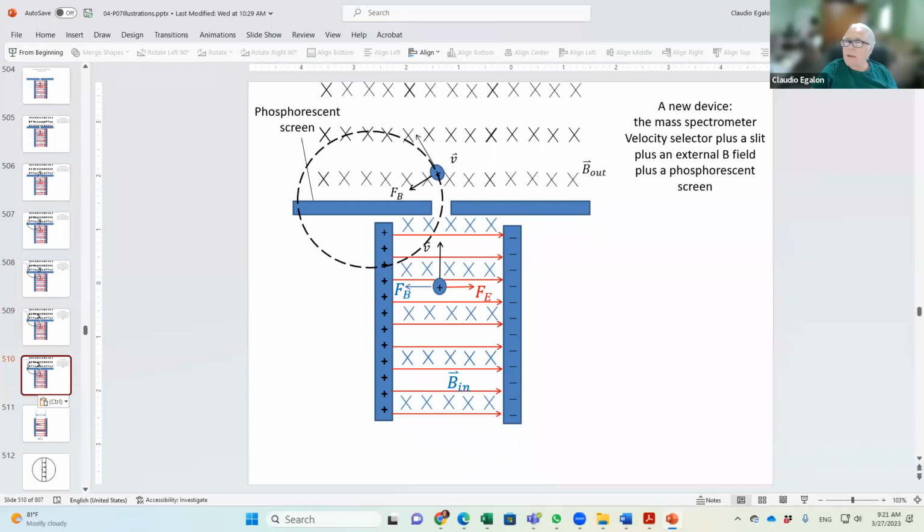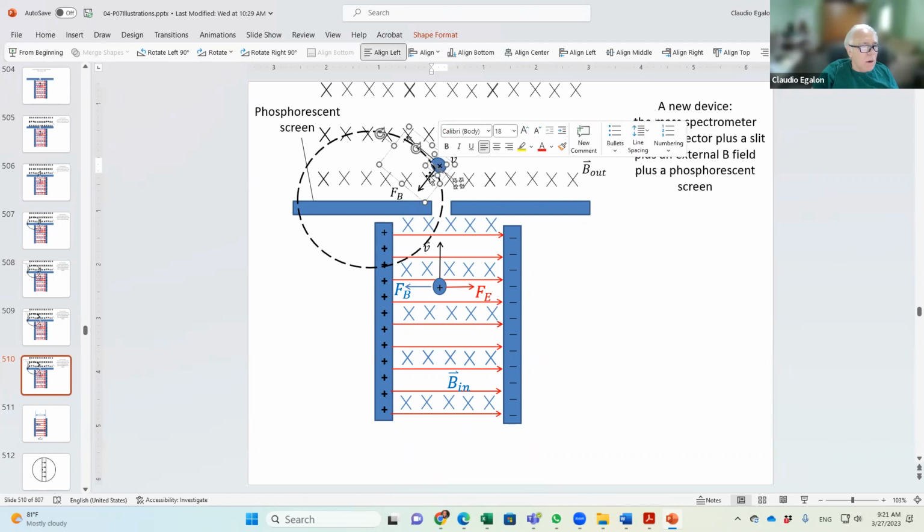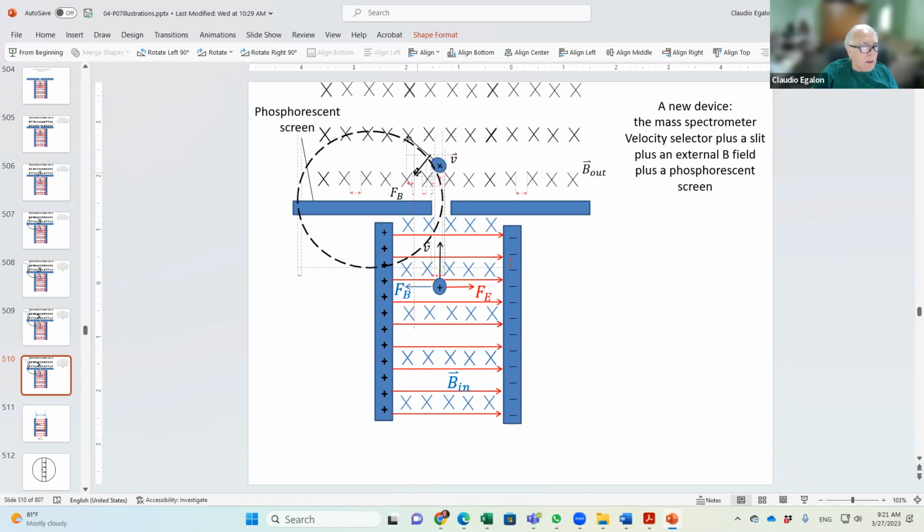Okay, I can continue the simulation, and I'm going to rotate a little bit more. It's important that you practice those illustrations. It helps a lot if you do the drawings yourself.